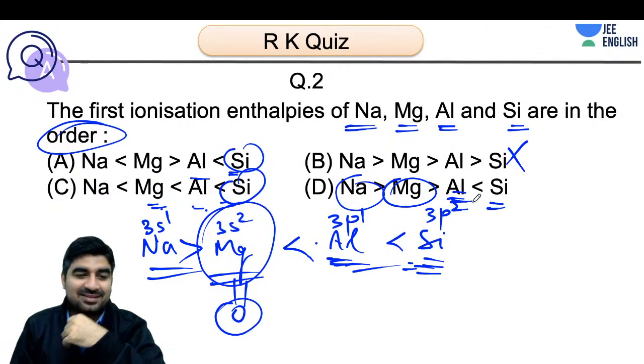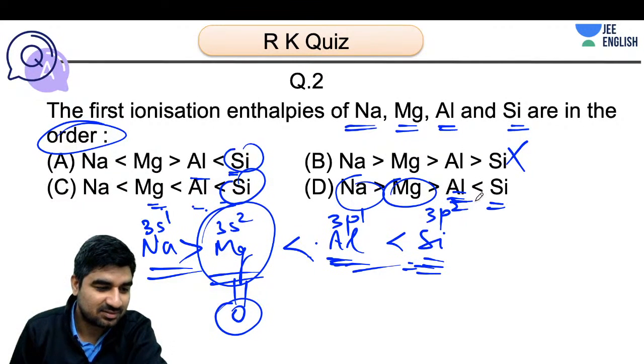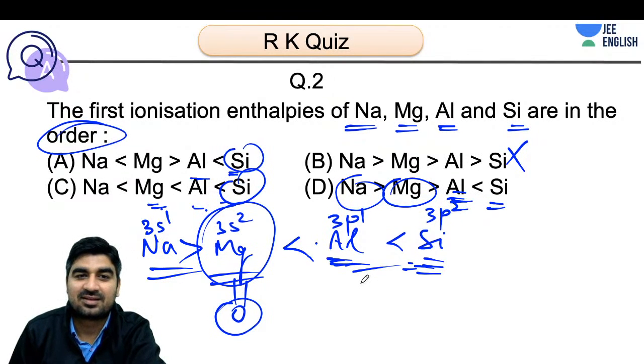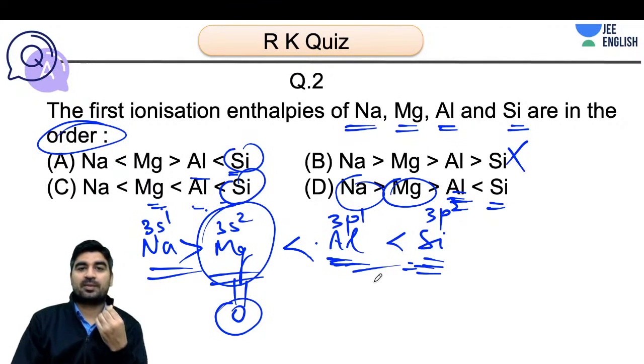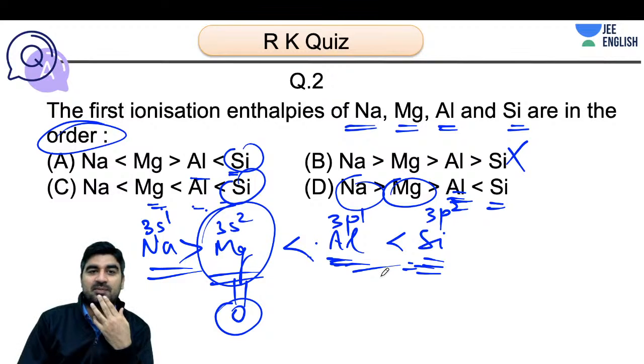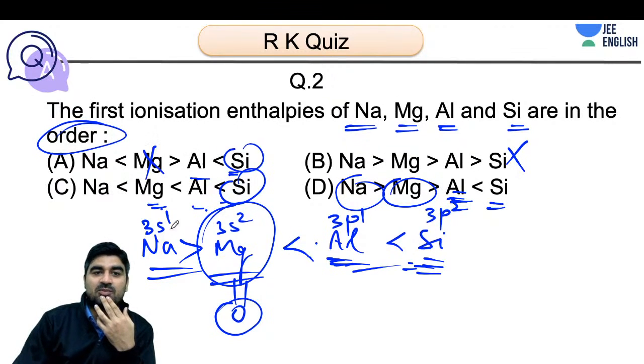Tell me. Any guess? So magnesium belongs to the second period, that will be having the least. So this cannot be your answer. This cannot be your answer.